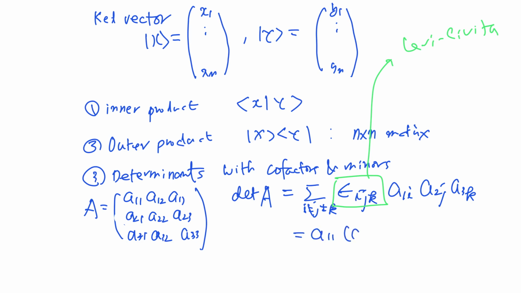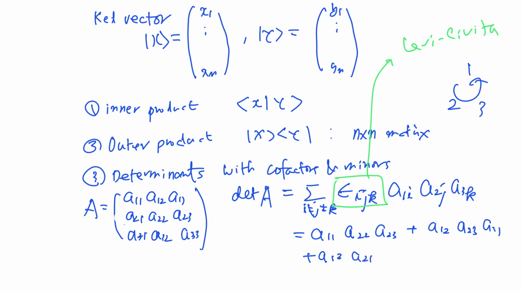A11 is plus sign, A22, A23, A12, A23. Let me see, 1, 2, 3, counterclockwise. A31 plus A13, A21, A32 minus.